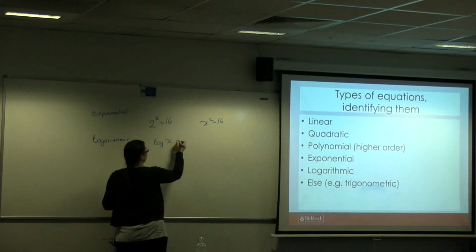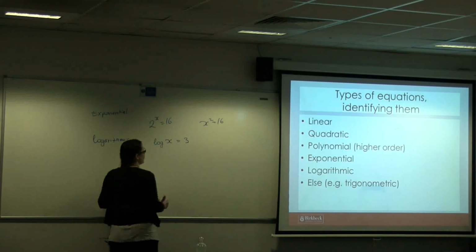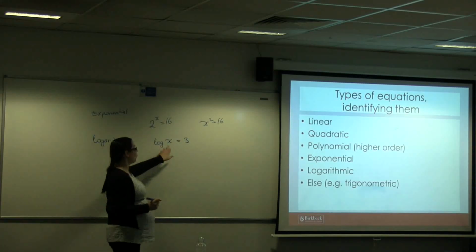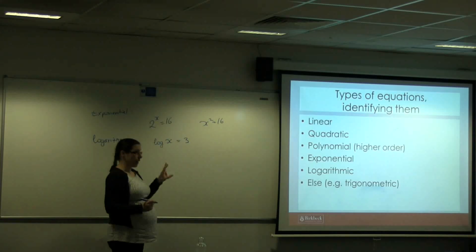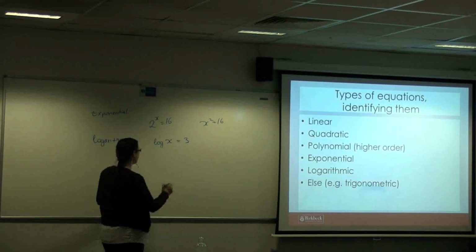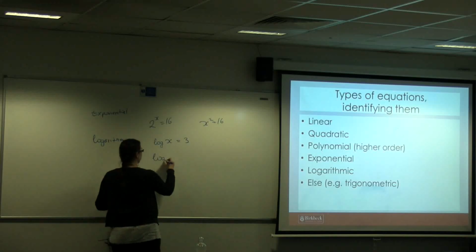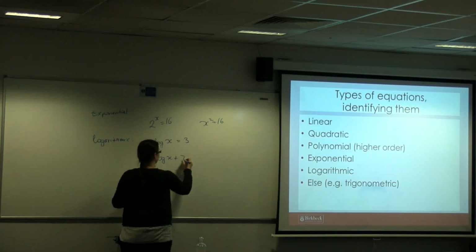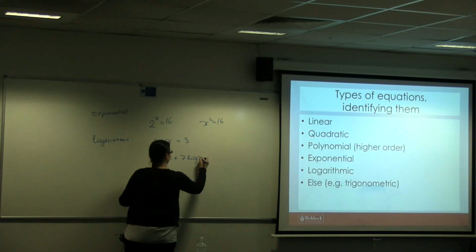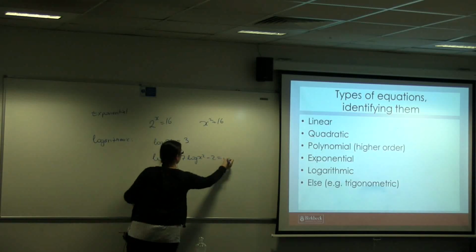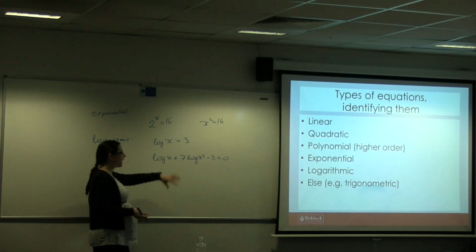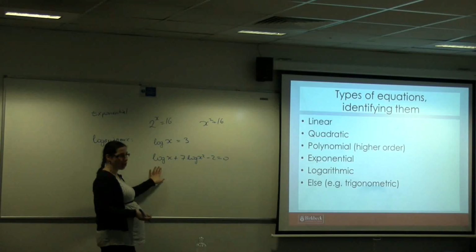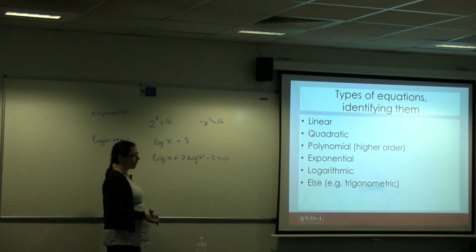What's important here is that somewhere in the equation I have a log sign followed by a variable, and that would be a logarithmic equation. This one is a very simple one. I can have more complicated ones, that would still be a logarithmic equation, and with any kind of combinations, as soon as you have a log sign in here, we classify it as a logarithmic equation.